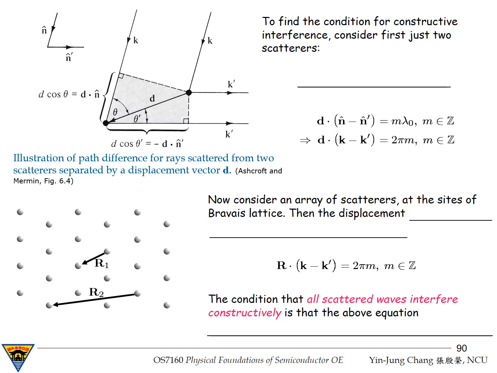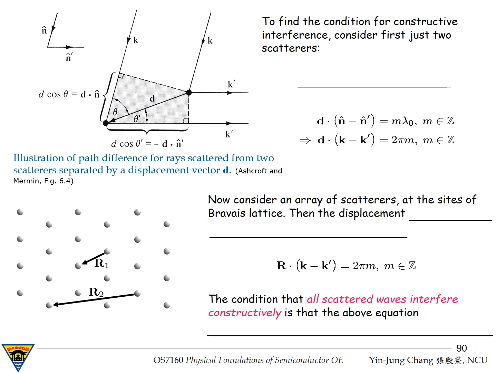To derive the diffraction condition more formally, we begin by examining two scattering centers, or scatterers, separated by a displacement vector d. Here we have an incident plane wave with a wave vector k coming in this direction, and it is scattered by the two scatterers as shown.